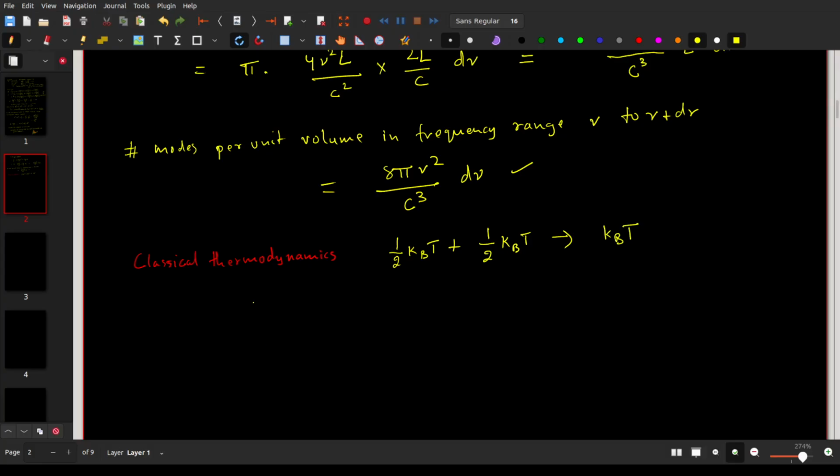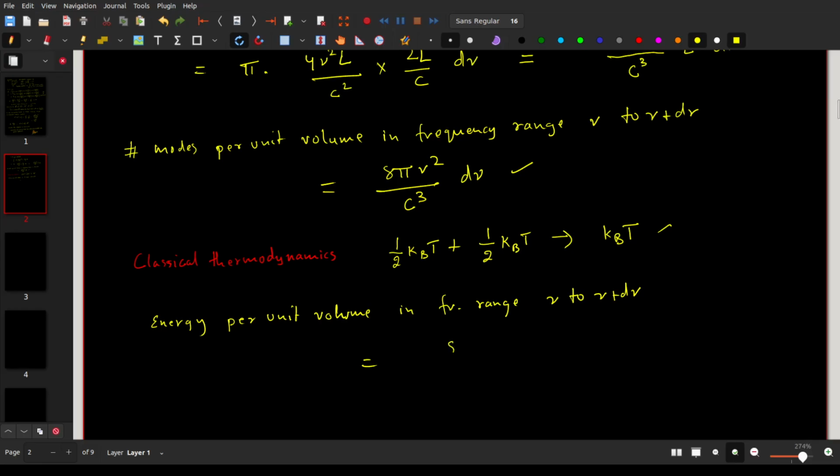So from the classical thermodynamics point of view, the energy per unit volume in frequency range nu to nu plus d nu will be the number of modes in this frequency range times the energy of each mode.